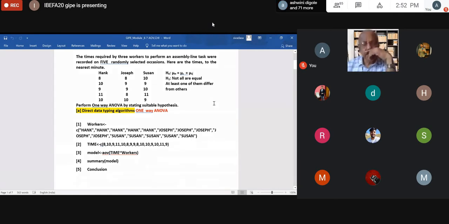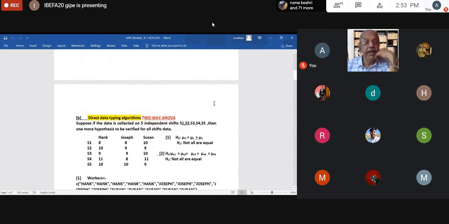So to test the hypothesis of H0, ANOVA technique has the following algorithm. Type the data first. Small data. If the data is huge, then we can go for reading. I will show you how to read the data from the file.